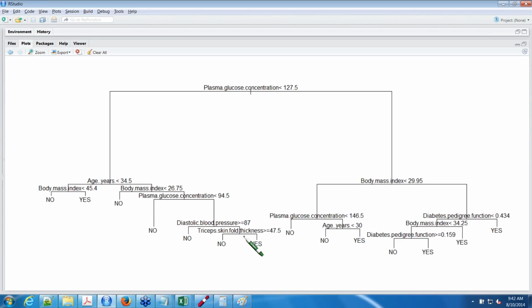So the interpretation will be: plasma glucose percentage, okay, and body mass is less than 29.95, okay, and then the diabetes pedigree function, what is the percentage, and further splits. If you go into this route, it says the person is likely to get diabetes or not. If you go into this route, the person will or will not get diabetes. So that's the meaning of it.